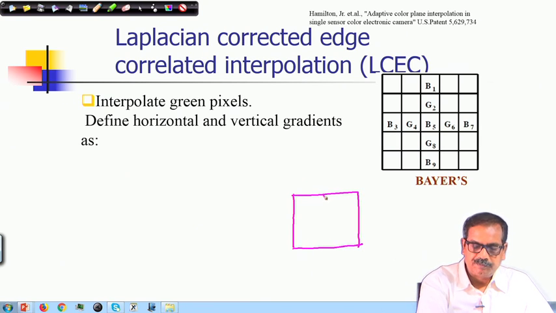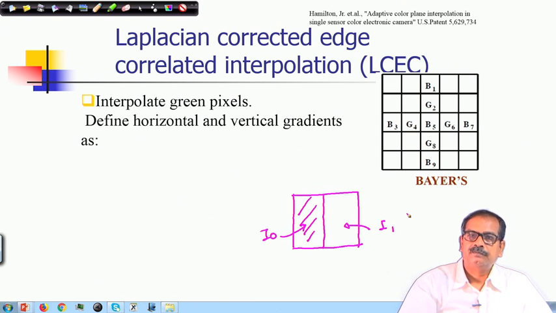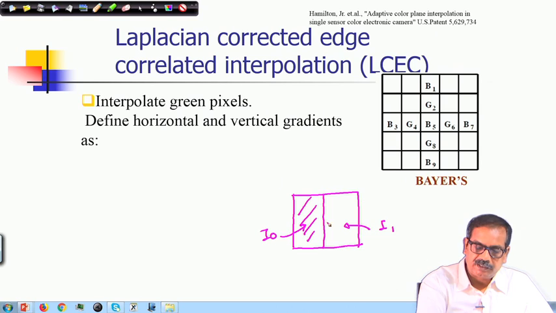Suppose you have a region where this side has a brightness value, say I 0, and this side has a brightness value, say I 1. Suppose this pixel value is not available and these pixel values are available.